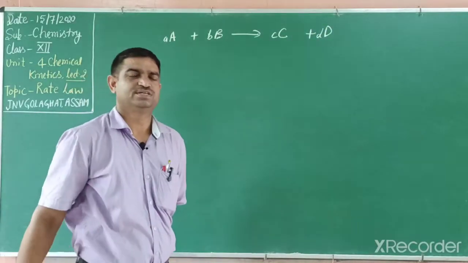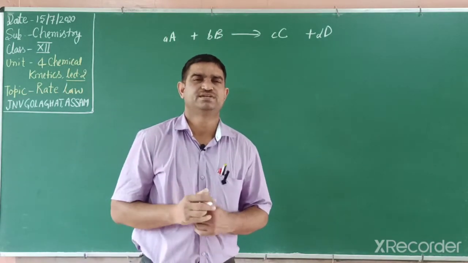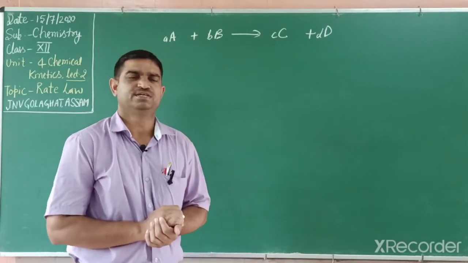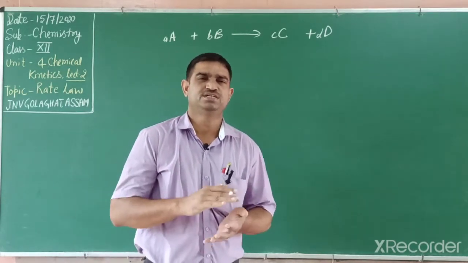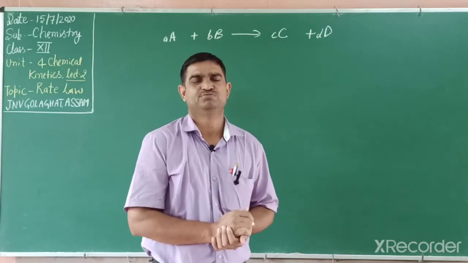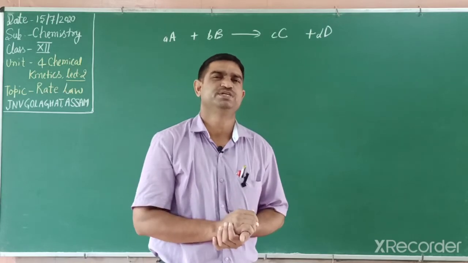So in this reaction, we want to write the rate expression or rate law. Mainly rate expression, rate law depends on the concentration of reactants. It is directly proportional to some power of them. That power may or may not be equal.